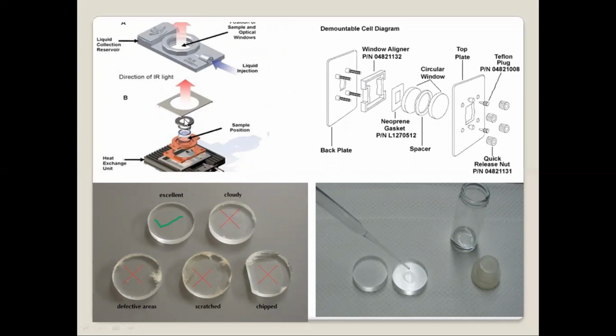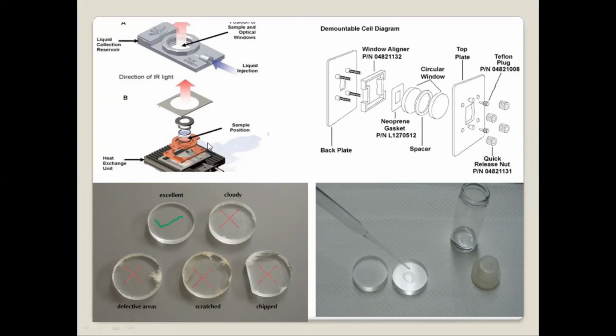In the second diagram you can see better that two salt plates will be there and in between them a spacer. You have to spread your sample between these two salt plates in a uniform, thin layer, and these windows are made up of salt plates. The IR radiation will pass through the sample, and you can measure the transmitted radiation from your sample.